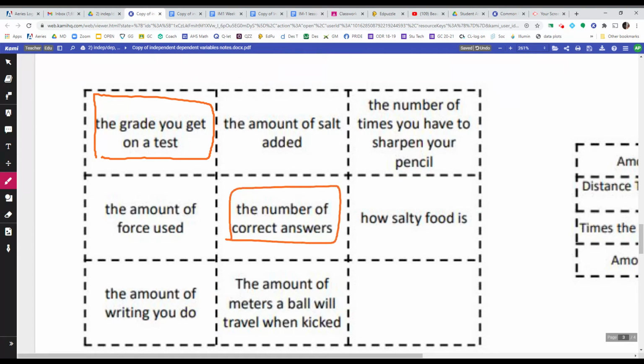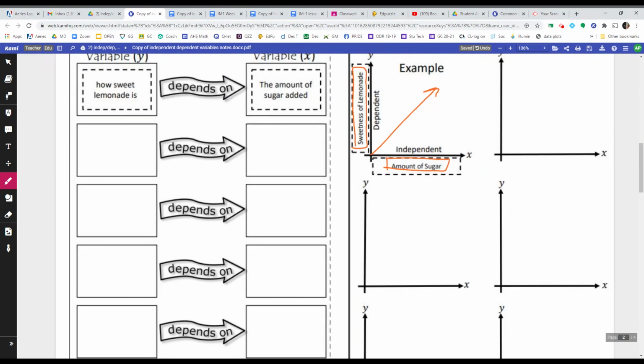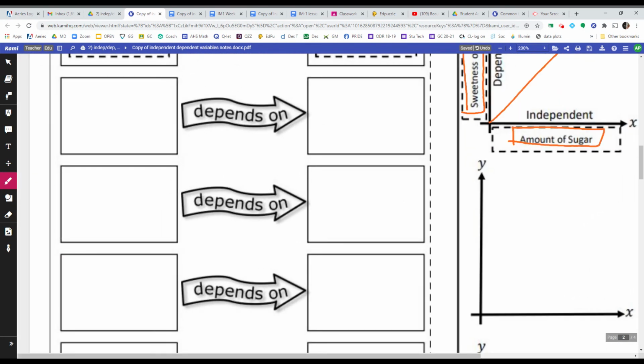Here's the answer, the number of correct answers. Number of correct answers and your grade on the test. Which depends on which? I want you to answer that question. Grade depends on number of correct answers.